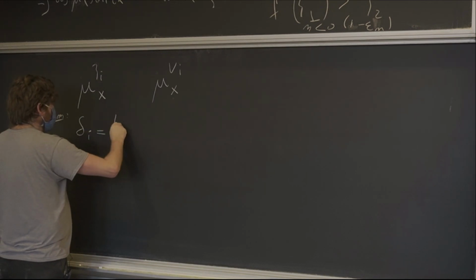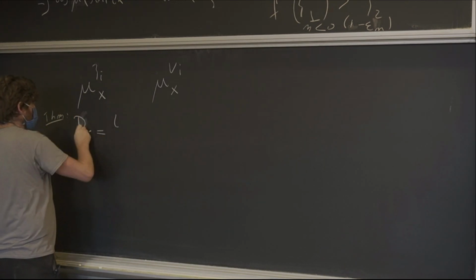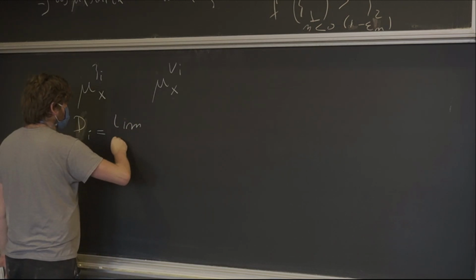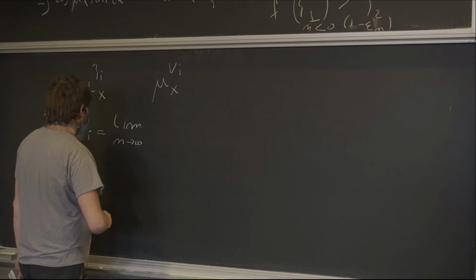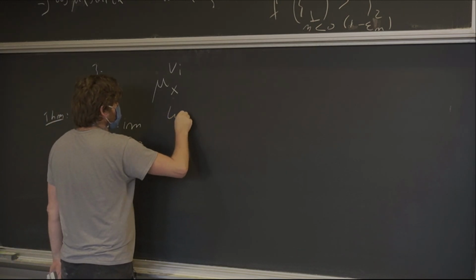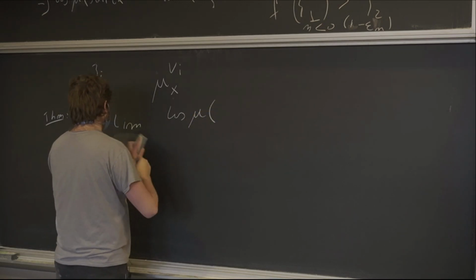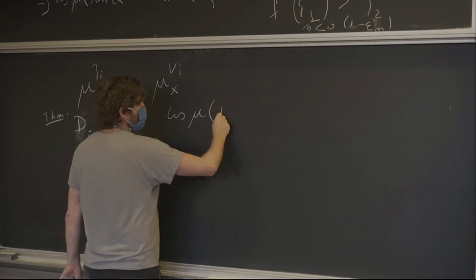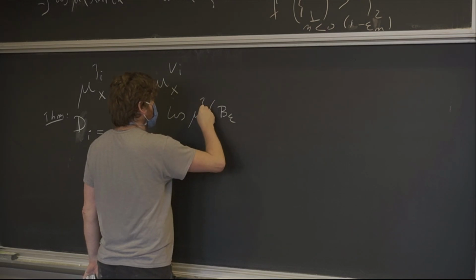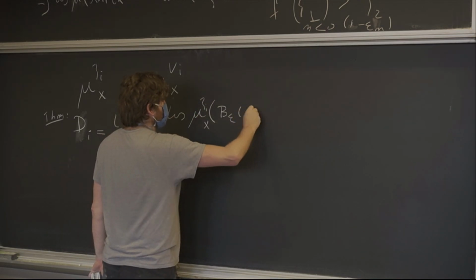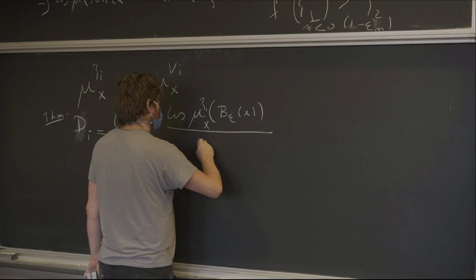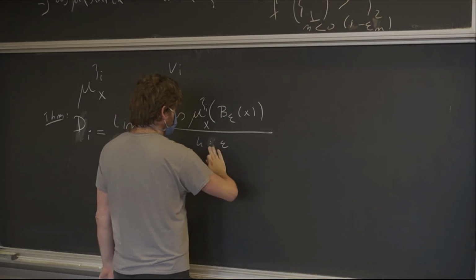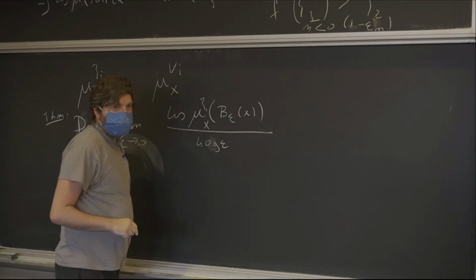You show that this number, the limit of log of mu of the ball of radius epsilon over log epsilon as epsilon goes to 0, exists and is independent of x.